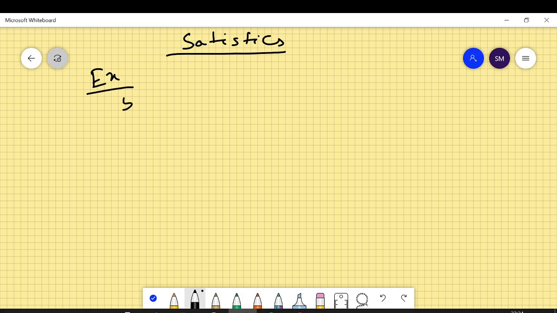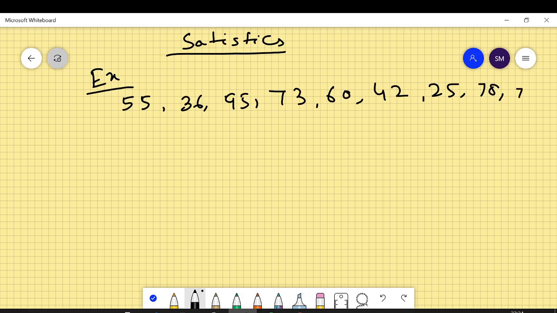Suppose the scores are 55, 36, 95, 60, 42, 25, 78, 75 and 62. This is the data of 10 students, 1, 2, 3, 4, 5, 6, 7, 8, 9, 10.